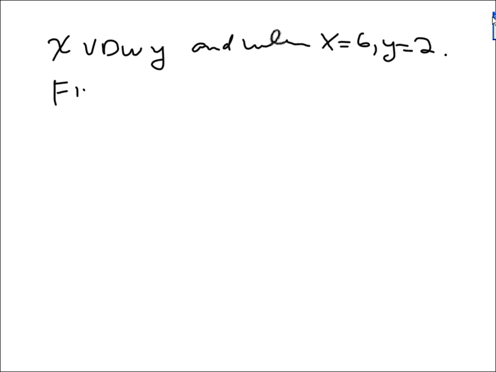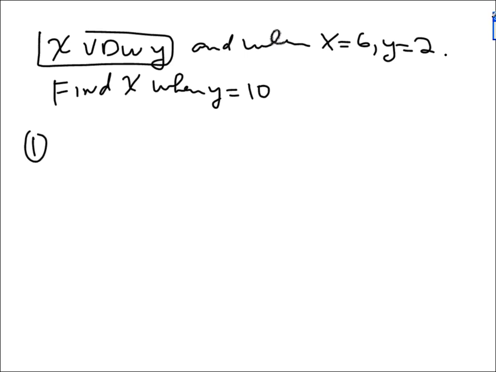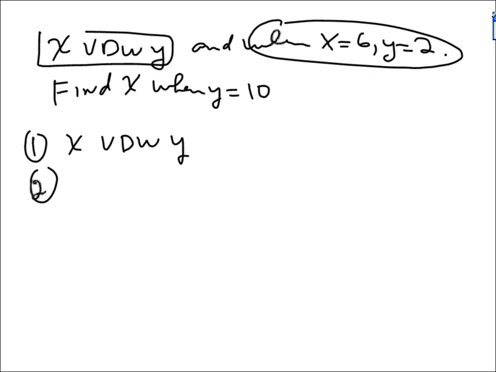And they ask you to find x when y is equal to 10. Generally, there are 3 pieces of information they give you. The first piece is that x varies directly with y. The second is that when x is 6, y is 2.